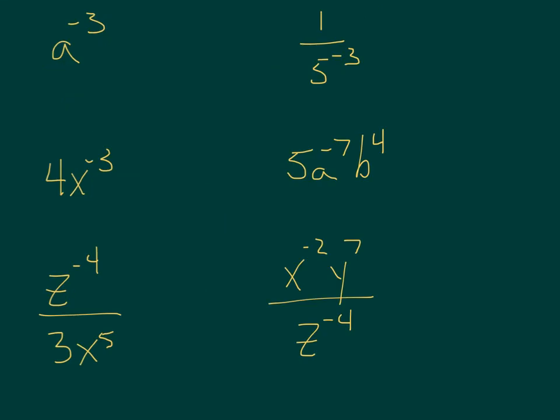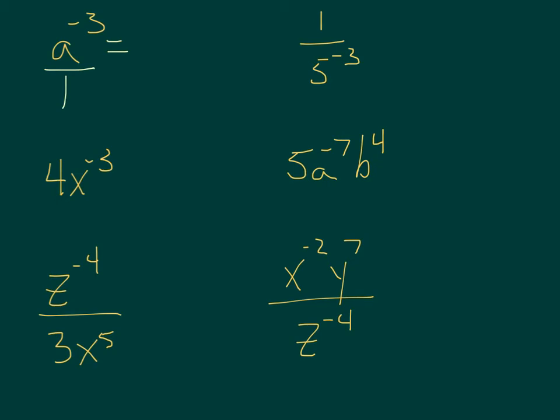Okay, so here we have a bunch of monomials that have negative exponents. And the negative exponent by itself isn't really hard to deal with, right? In this first one, just a to the -3rd means that it just shifts to the other part of the fraction. Again, everything is always over 1.